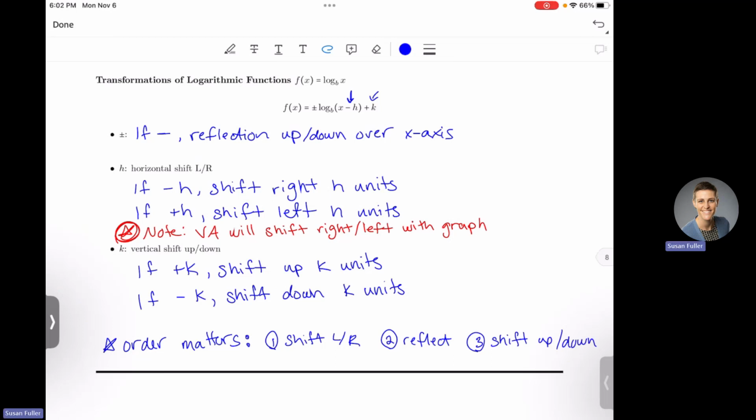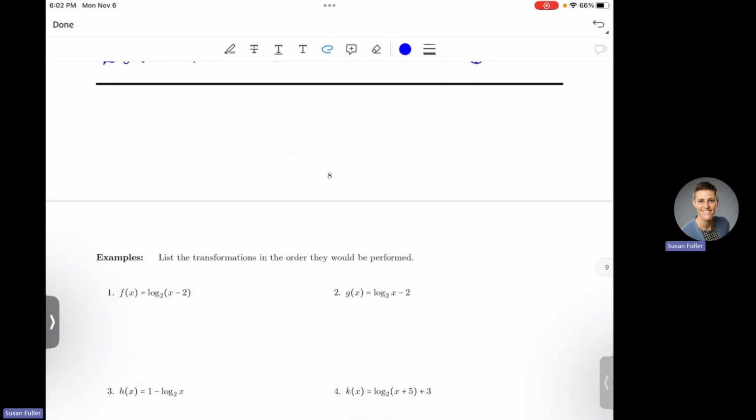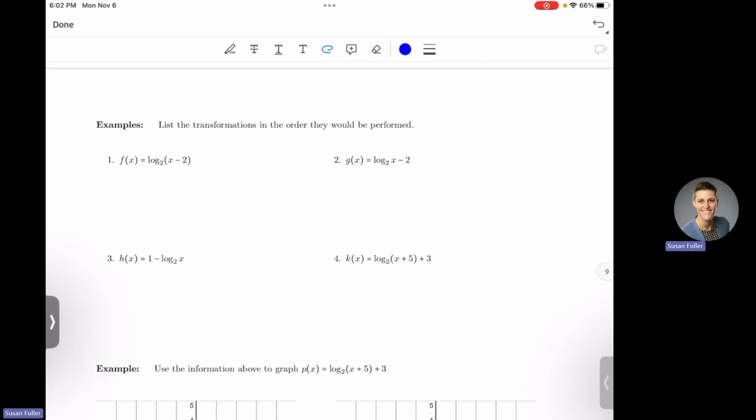All right, so let's try this. Got some examples here where I've got some log graphs. The first thing that I want to do is look at what we have and list the transformations in the order that we would perform them. So notice in all of these, I have log base 2, log base 2, log base 2, and log base 2.